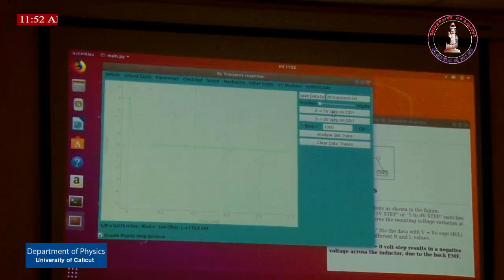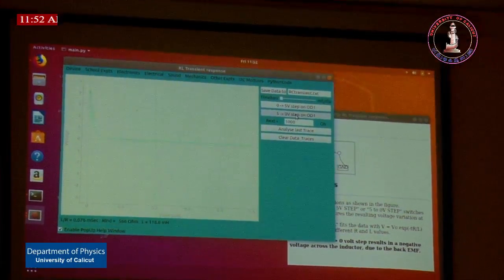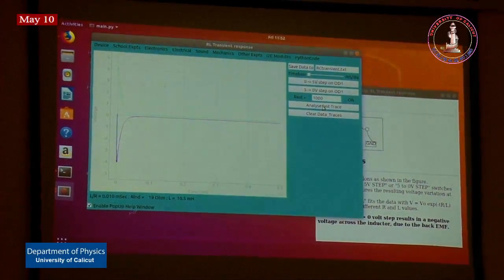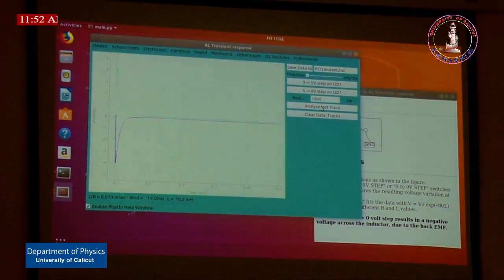So it goes, and this step says 10.5 millihenry and 19 ohms, right? So you can verify that. And instead of 1K, if you want, you can give a higher resistance here, so it will take longer.